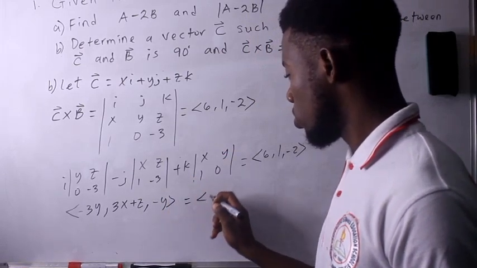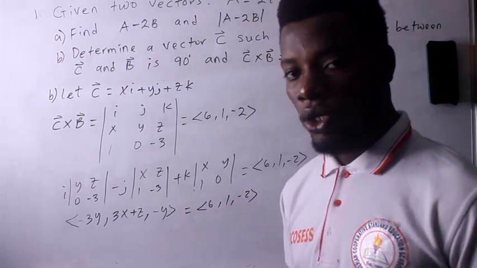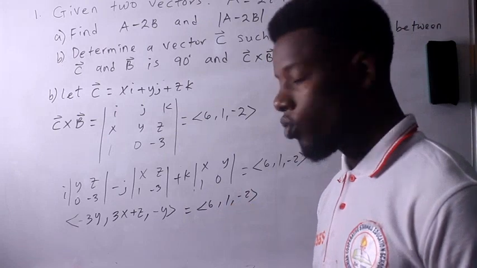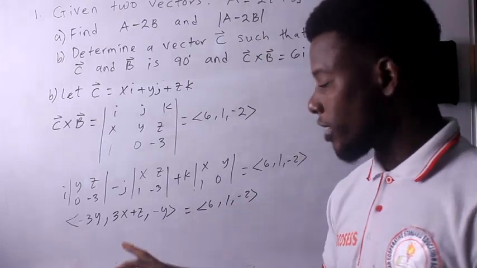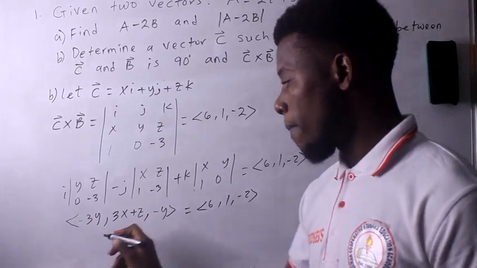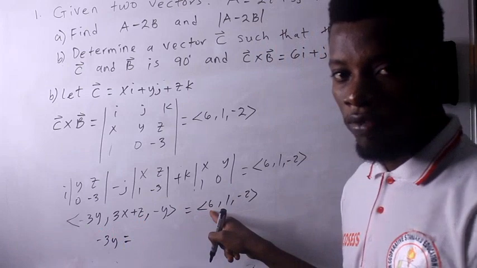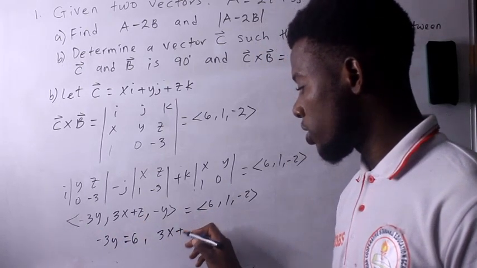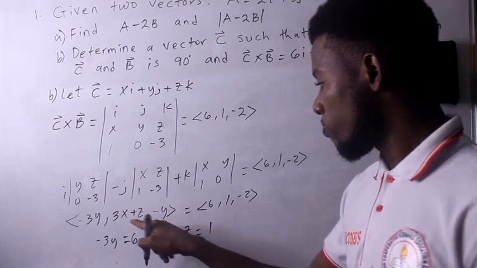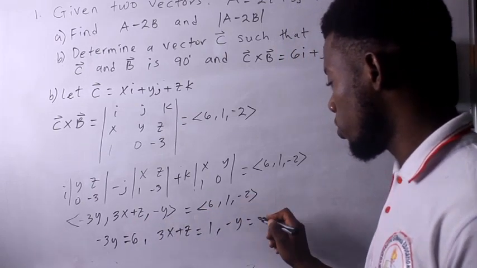This equals 6, 1, minus 2. Now at this junction we have to equate corresponding values. The value in the i direction for this vector is minus 3y, and it equals the one in the i direction for this vector, which is 6. And then we have 3x plus z equals 1. Then we have minus y equals minus 2.